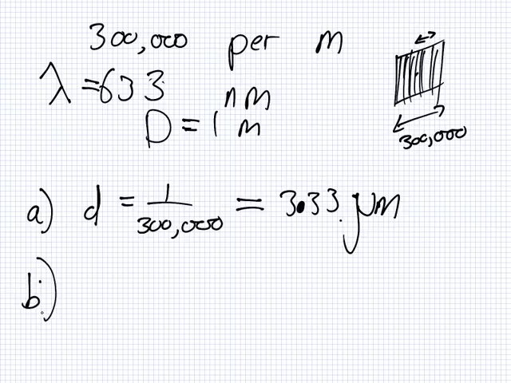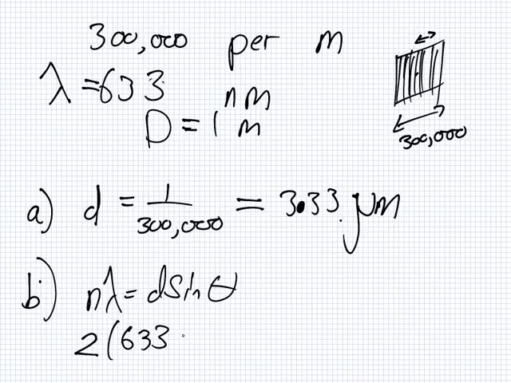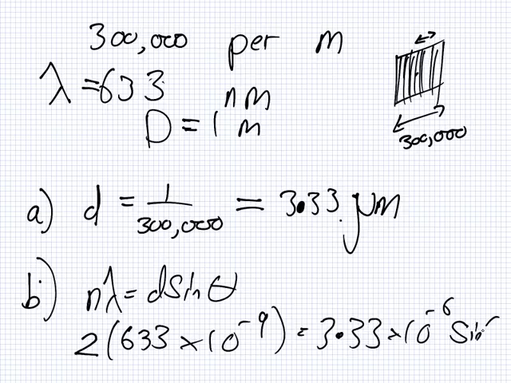Yes. What's part B now? Determine the diffraction angle for the second order of the wavelength. Okay, so you have n lambda equals d sine theta. So 2 times 633 times 10 to the minus 9 equals 3.33 times 10 to the minus 6 sine theta.